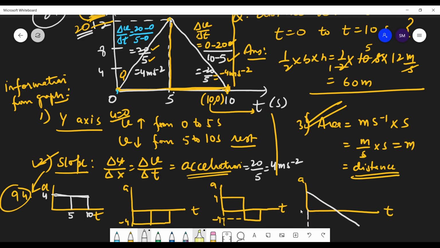Okay, so which of these graphs is correct, which is representing this velocity time graph? A, B, C, or D? See here acceleration is positive +4, here acceleration is negative -4. So in which of these cases do you have this?